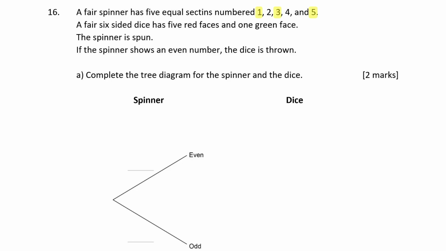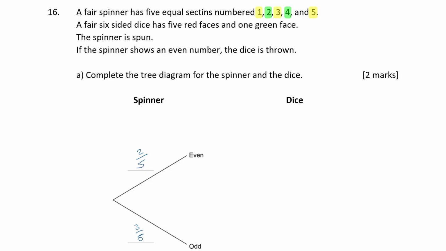I've got 1, 3, and 5, which are odd, and 2 and 4, which are even. So the probability of even is 2 out of 5, which makes the probability of odd 3 out of 5.